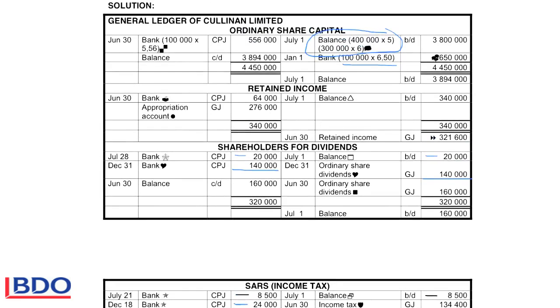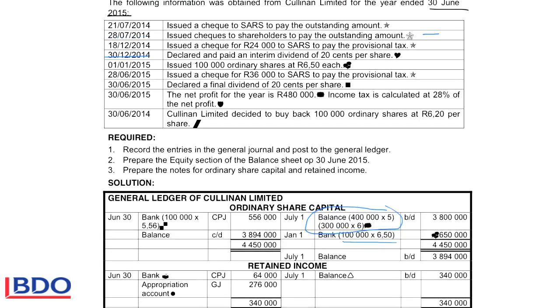The net profit for the year is 480,000 and the income tax is 28% of the net profit. This net profit is calculated after all the adjustments were completed. So entries were completed to correct mistakes, to do entries for omissions that were not recorded during the year, for entries that are only done at the end of the year like depreciation.